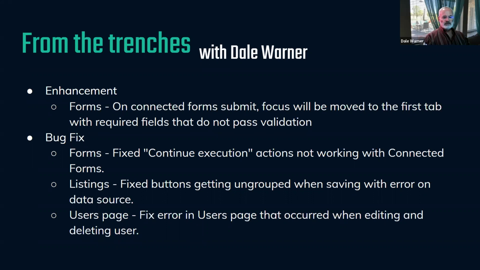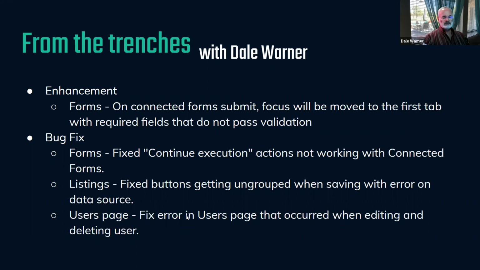From a bug fix standpoint, we fixed certain actions that didn't work with connected forms, and that was resolved. We have a feature in listings where you can group buttons together, and that was being disturbed if you had an error when you were updating your data source. It's kind of a minor thing, but certainly inconvenient.